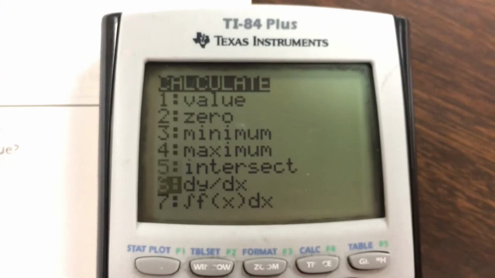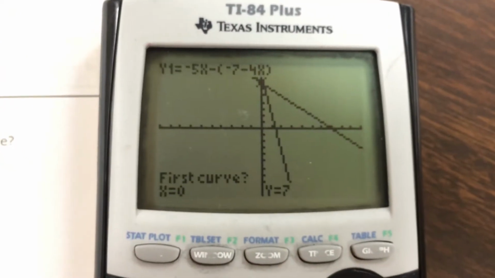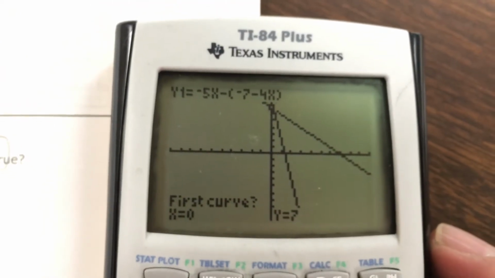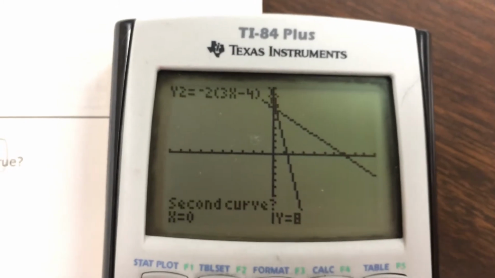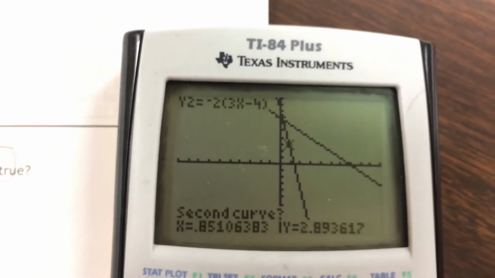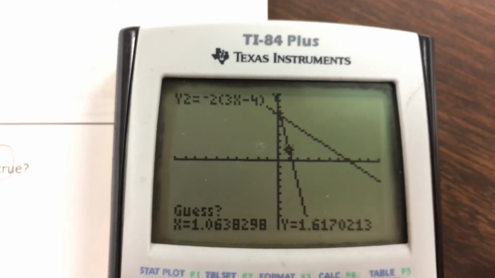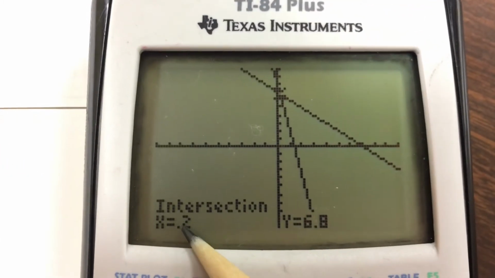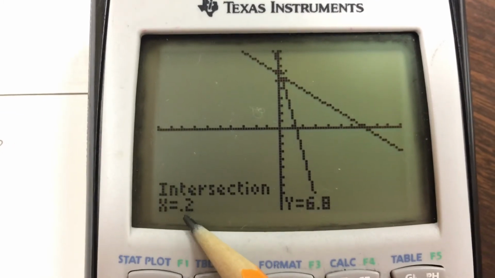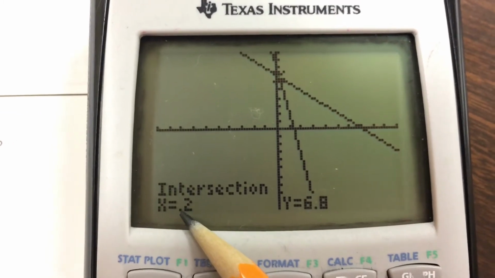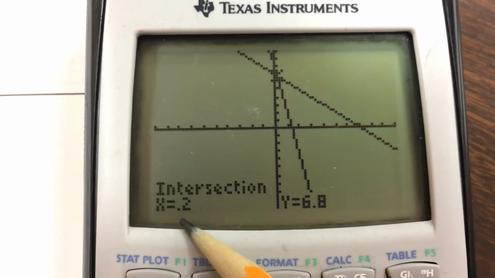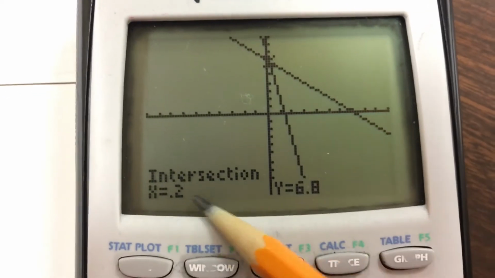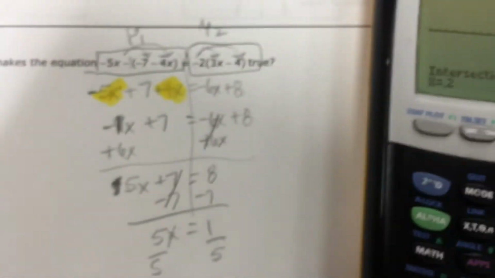Go down to number 5 for the intersection, and then you just hit enter for first curve, enter for the second one, hit enter, and it tells you right here that the x number is 0.2. Well, 0.2, you could type it in your calculator and figure out what that fraction would be, but 0.2 as a fraction is 1/5.